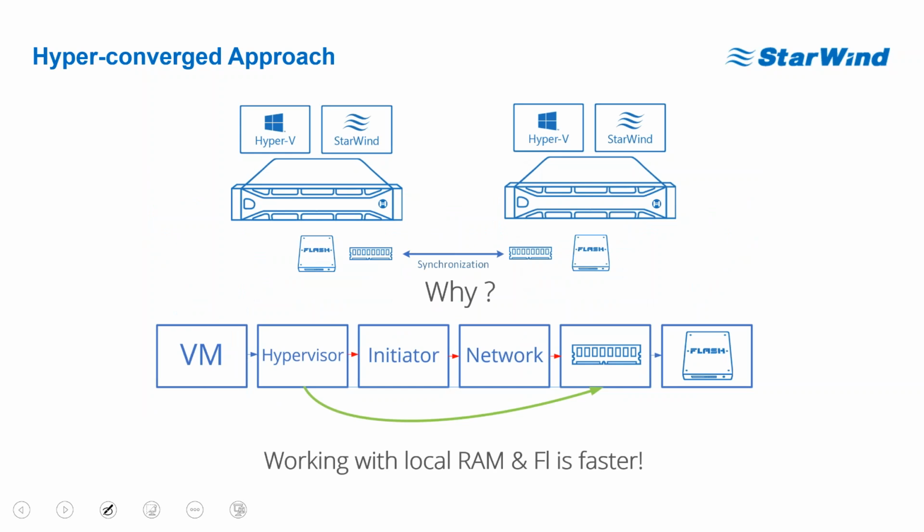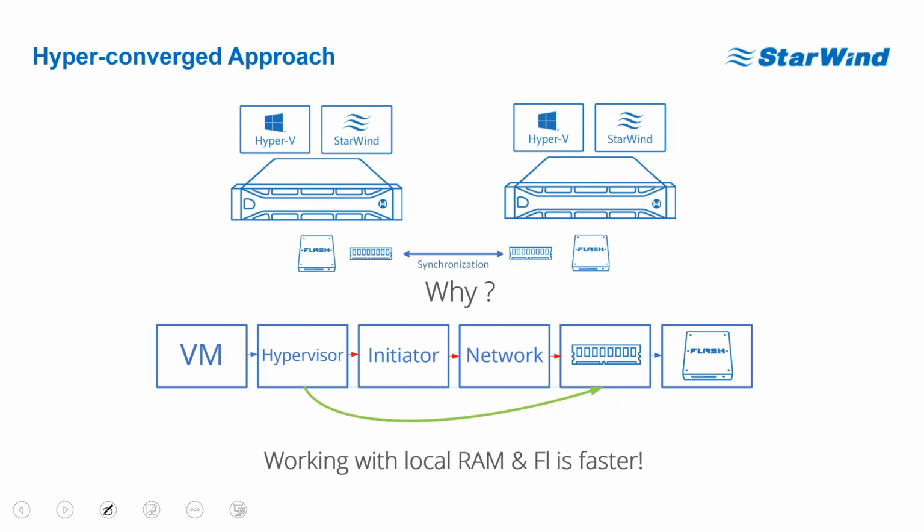Originally, when we are talking about all-flash storage, and especially dedicated all-flash storage, when your virtual machine writes some data to the disk, it first goes to the hypervisor, then it goes to the initiator, then it goes through the network, then it is cached on the SAN, and only then it gets to the disk.